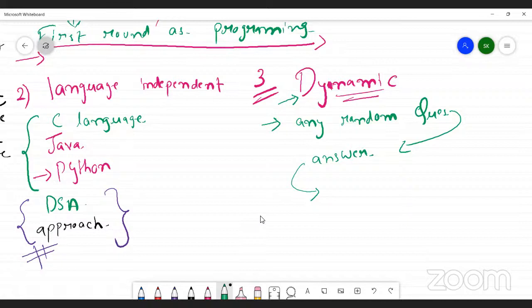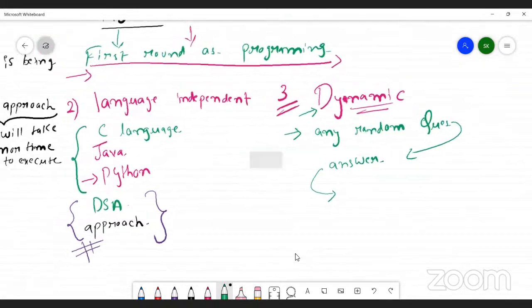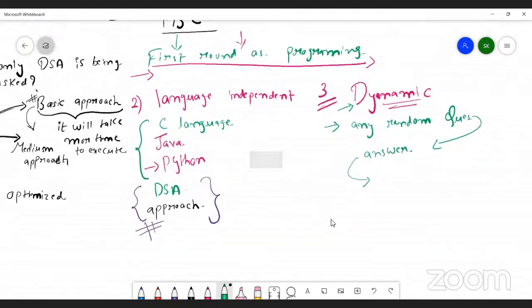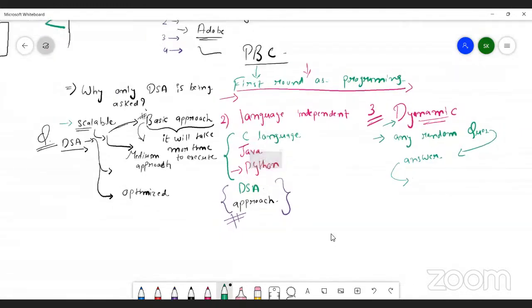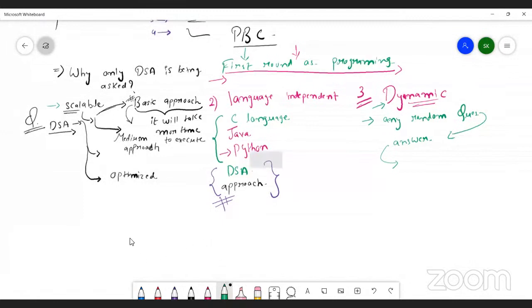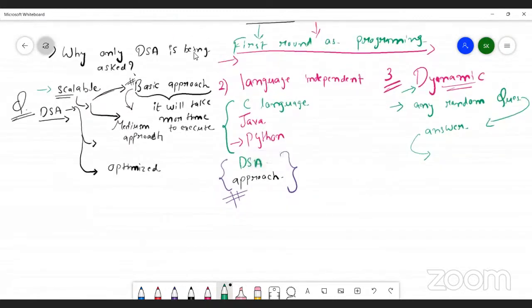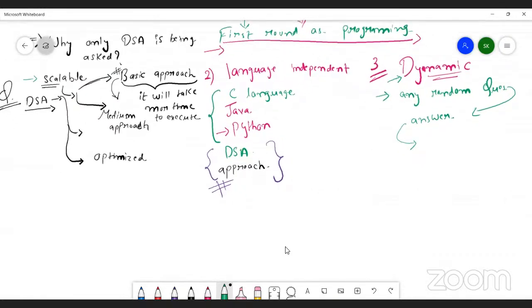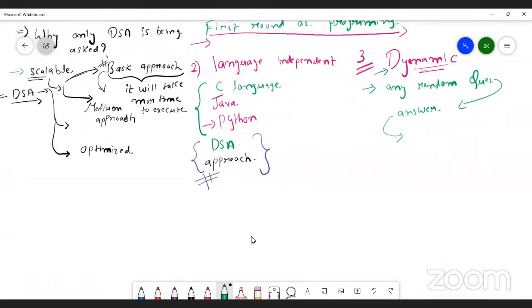If at runtime some problem comes up in the company, will he just be stuck and say, "I've never learned it," or will he try to approach the problem and solve it? Is it clear, guys? So these are the three main reasons why DSA is the first choice of interviewers these days, and why it is asked so frequently. I hope everyone is clear about it.